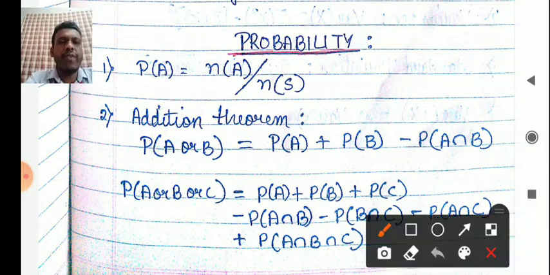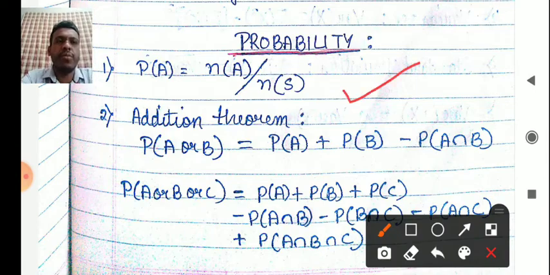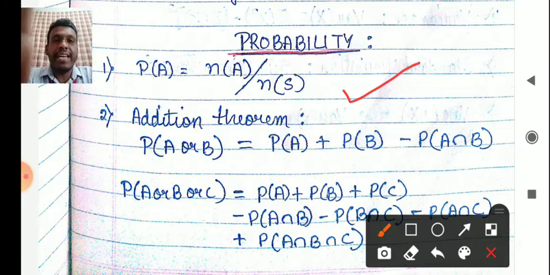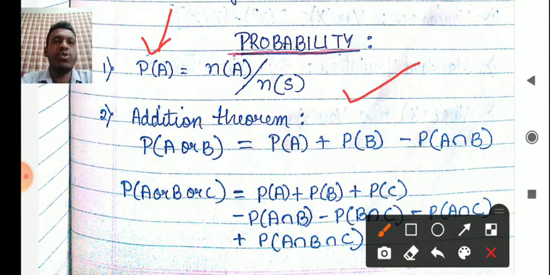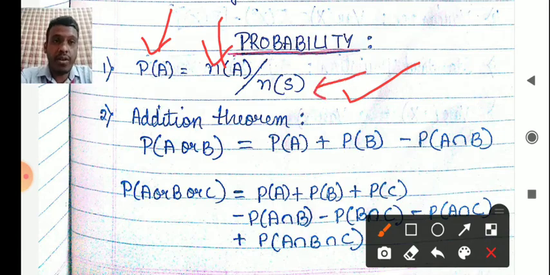Now probability of A, first one, this formula. This is read as probability of A is equals to n of A divided by n of S. N of A, what is n of A?